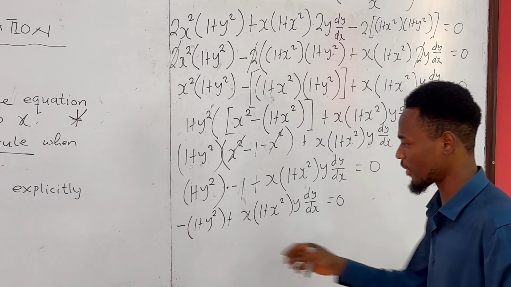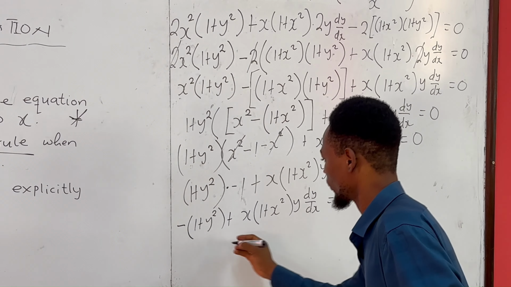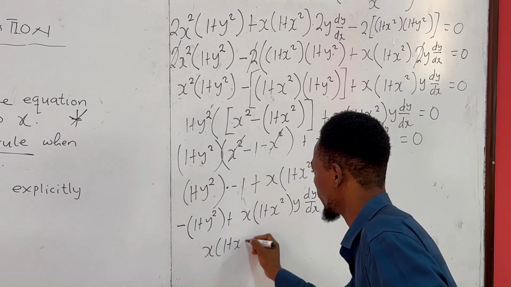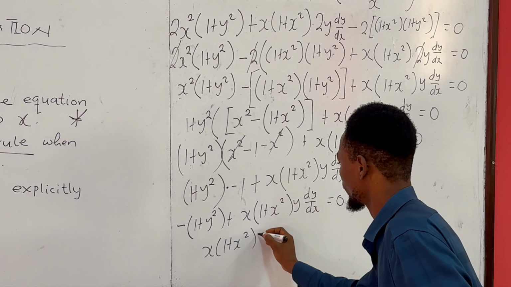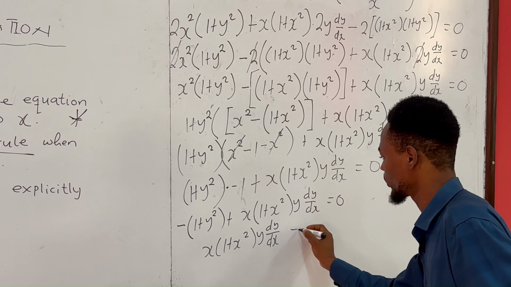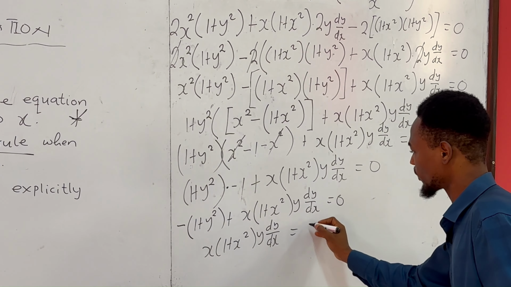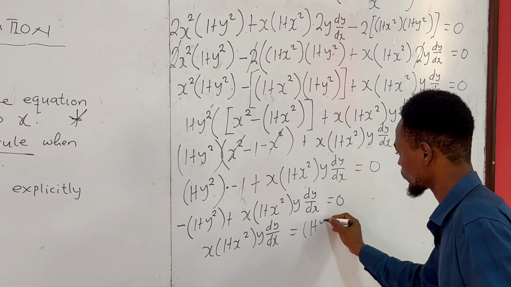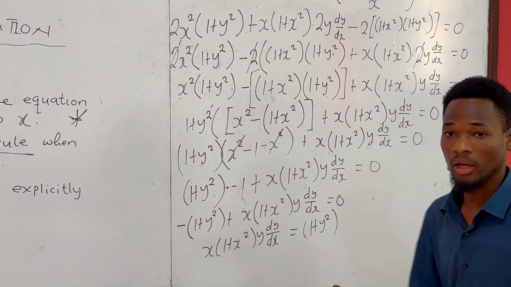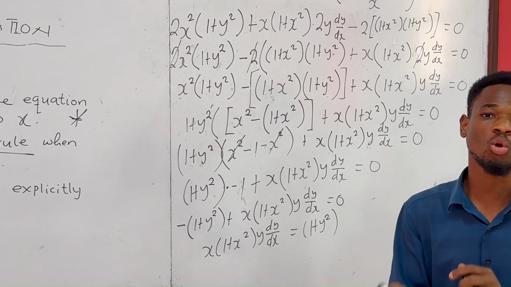If I transpose this, I'll get x into bracket 1 plus x squared times y dy over dx, which is equal to positive 1 plus y squared. Multiplication is commutative.